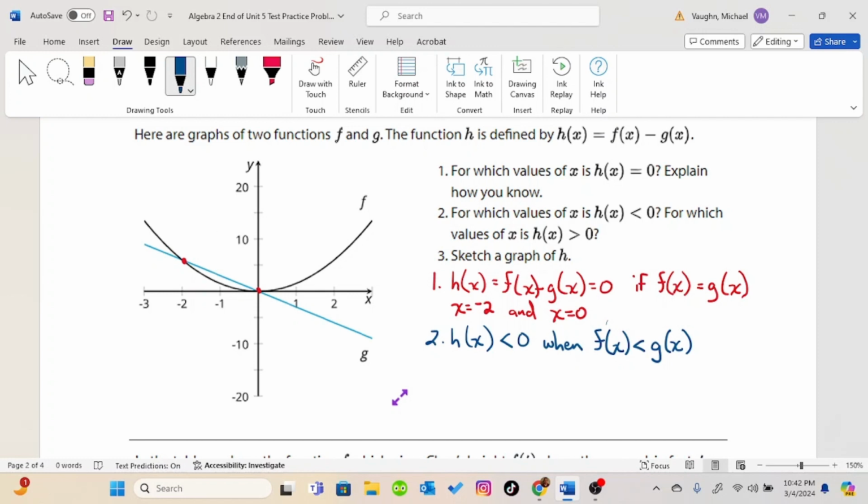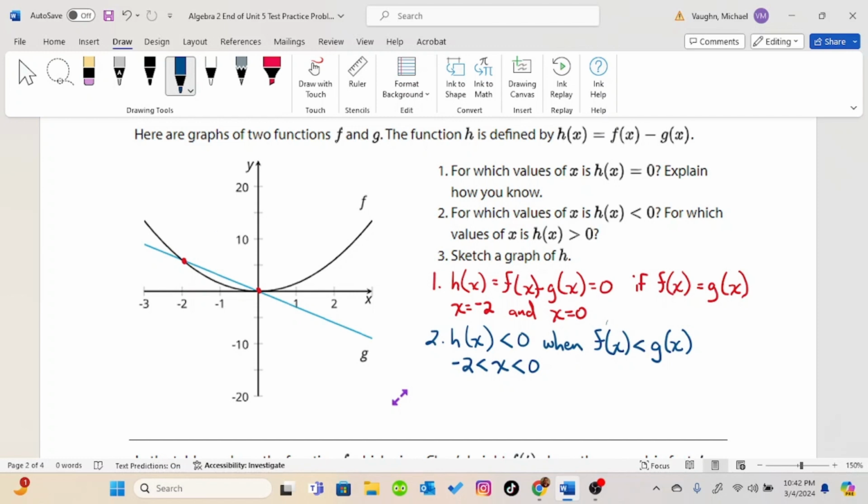f of x is the black line, so it's less when the black line is below the blue line. So between -2 and 0. So we would say -2 less than x less than 0.